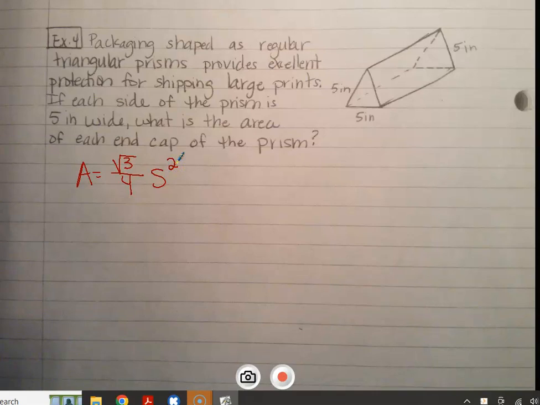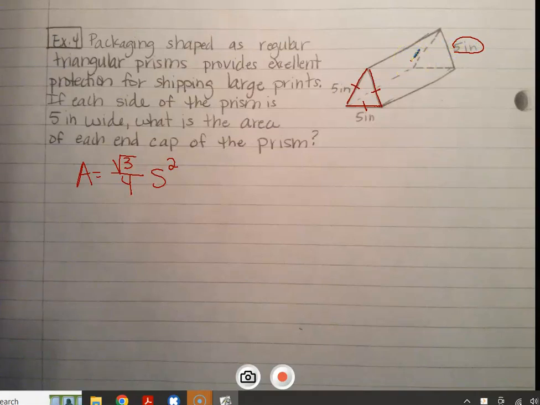Because we have the side length, this side's 5 and this side is 5. And this side is also 5. It's labeled back here, but it's the same length. So it's an equilateral triangle.